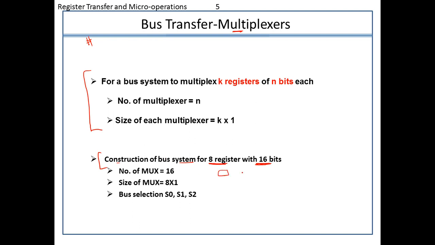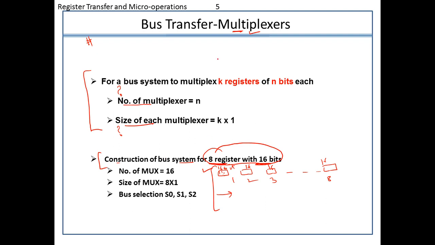Means I have 8 registers, 1, 2, 3 up to 8, and these registers are of 16 bits each. Now if I am constructing the bus using multiplexers, then I need to work out how many multiplexers are required for this case. Similarly, what could be the size of each multiplexer if I want this statement to be fulfilled, that is, to design a bus system using the multiplexers.